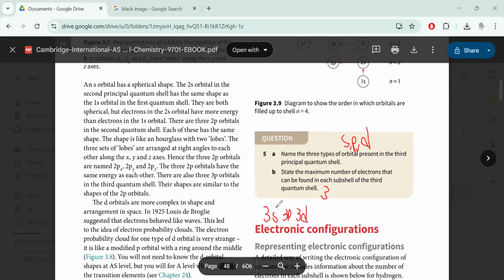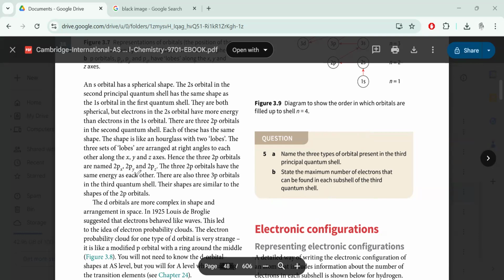We know that an S orbital can hold up to 2 electrons, while the P orbital can hold up to 6 electrons, and D can hold up to 10 electrons. So 2 plus 6 plus 10 equals 18. So the maximum number of electrons that can be found in the third quantum shell would be 18 in total. So I hope all of you can understand this part.